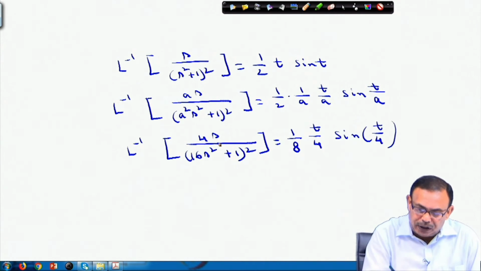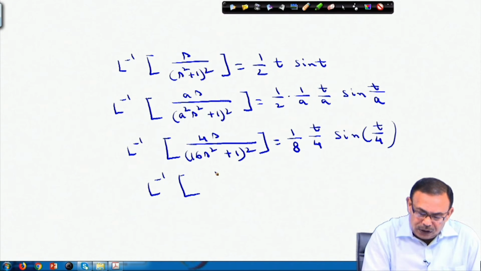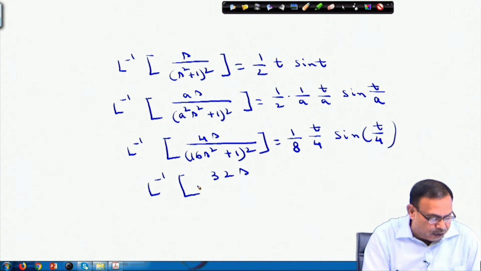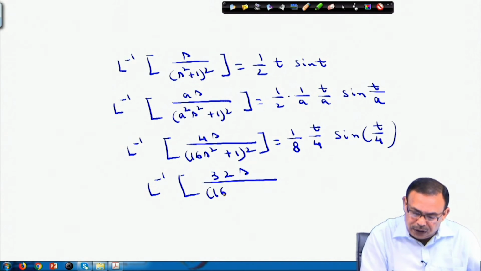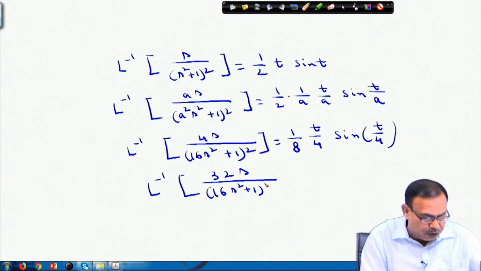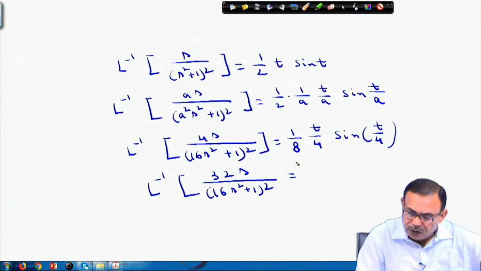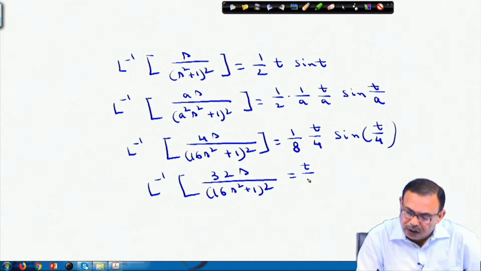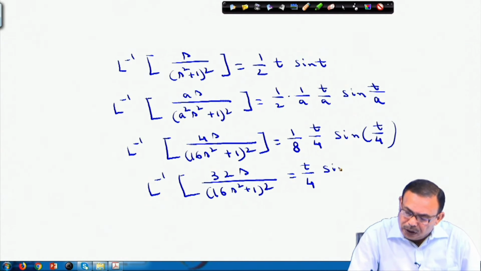This 8, if I bring it here, I will obtain the Laplace inverse of 32 s by (16 s square plus 1) whole square, which equals t by 4 sin of t by 4.